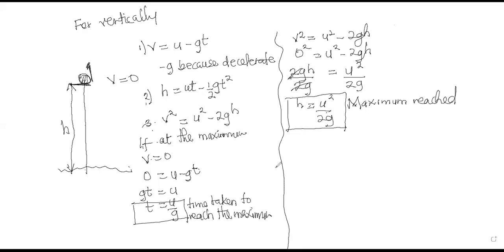We'll be solving questions, so we'll see how to use them. The same thing can also be derived using h is equal to ut minus half gt squared, where t is the time taken to reach the maximum height, which is u over g.